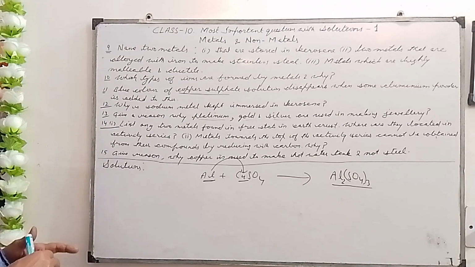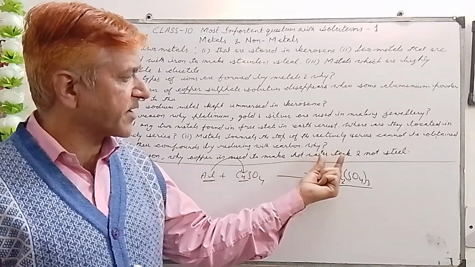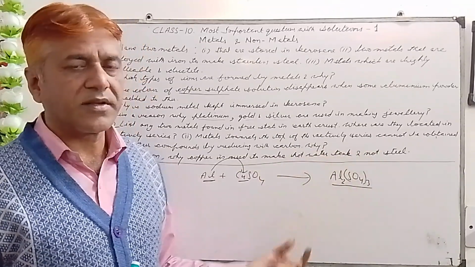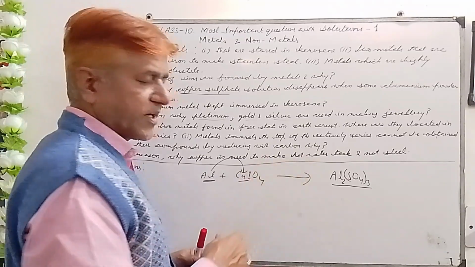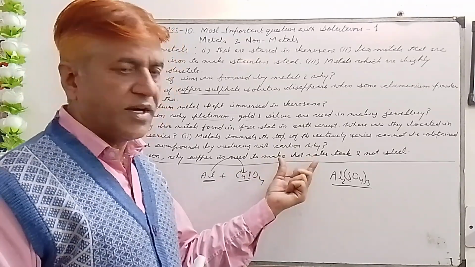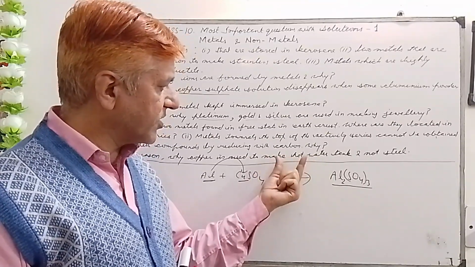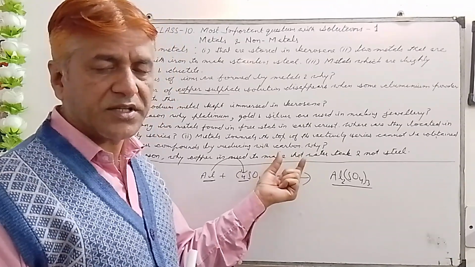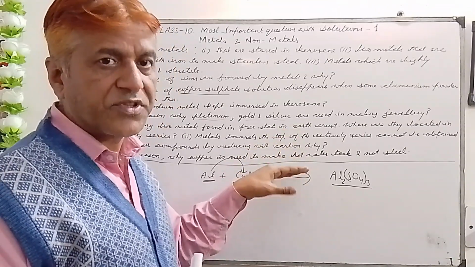Question number 15. Give reason why copper is used to make hot water tank and not steel. One reason is that copper is a good conductor of heat, and copper also does not react with steam or with hot water.